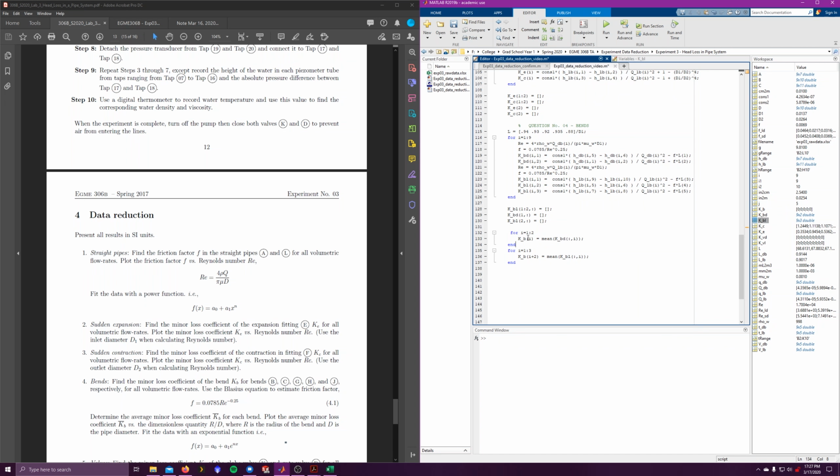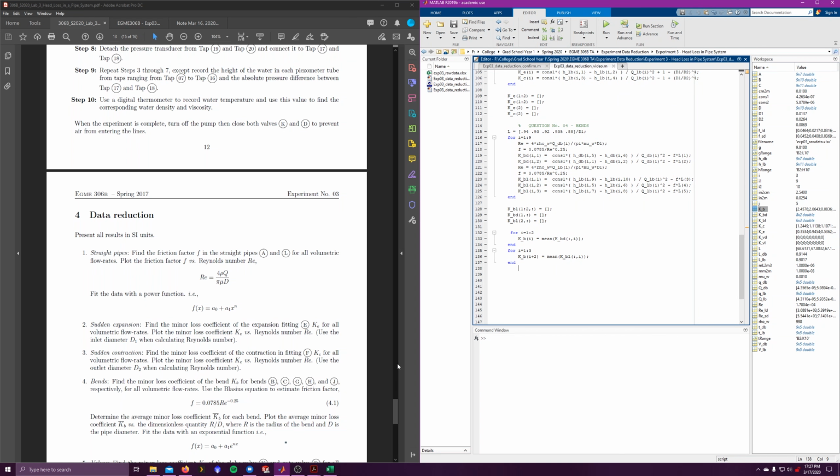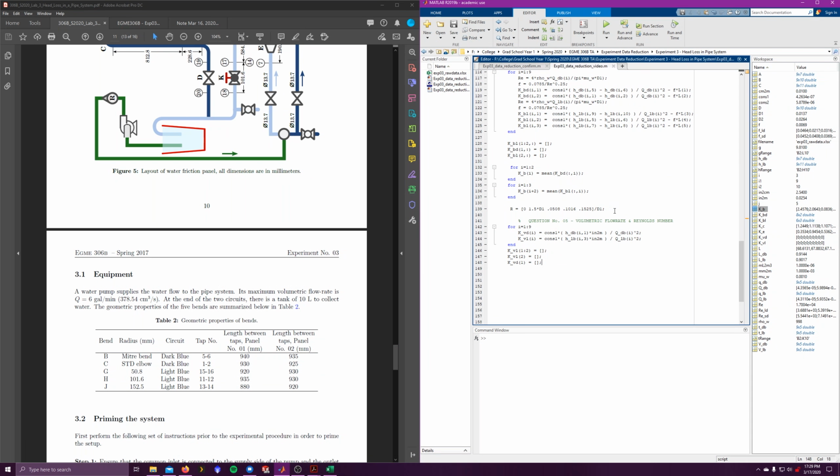So we're going to iterate from 1 to 2 for the dark blue, and from 1 to 3 for the light blue. Now if we run this code, we have a 5 by 1 for the average minor loss coefficient for the bends.